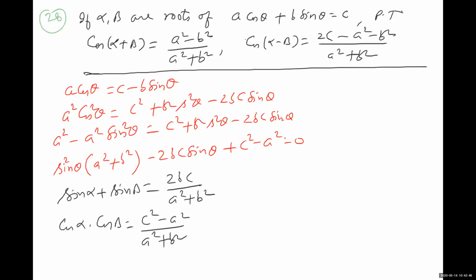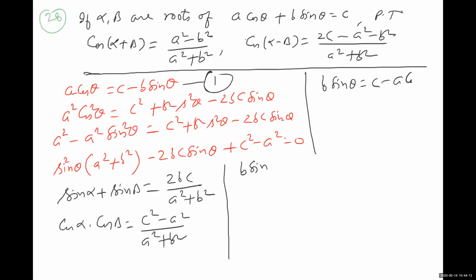Now, same thing we can do by transferring. See, this is step number 1. I have transferred b sin theta. Instead of this, I can transfer a cos theta also. So I can write b sin theta is equal to c minus a cos theta.